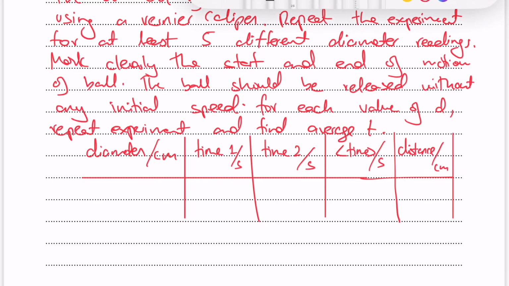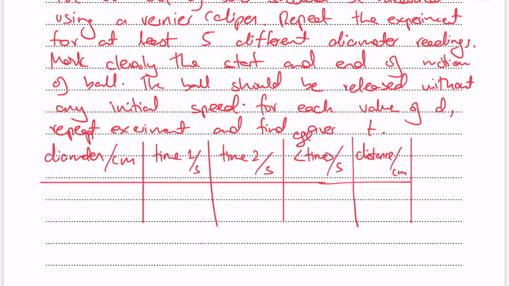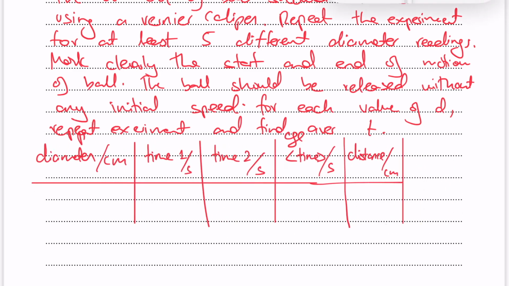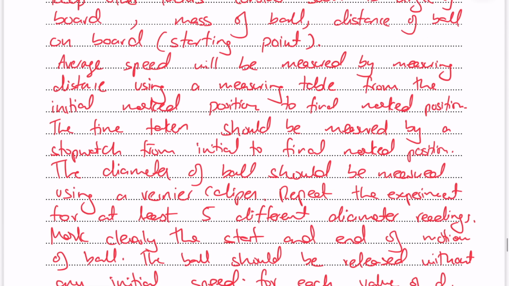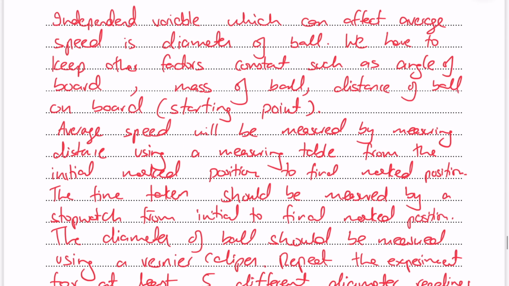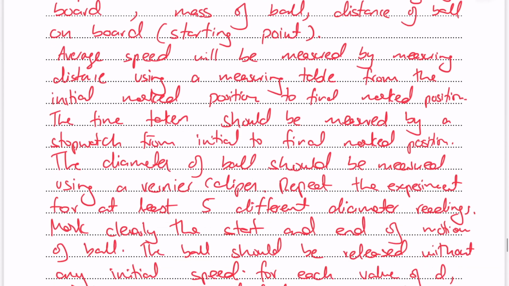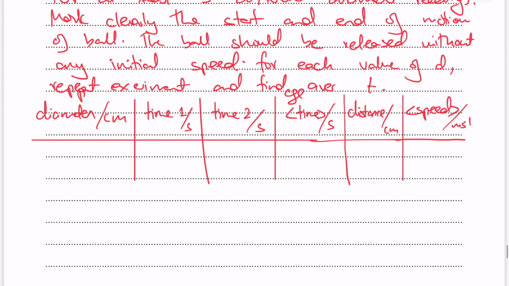We need to have a specific column for average speed as well. That is the most important. Average speed in meters per second. We have talked about distance, etc. as constant.